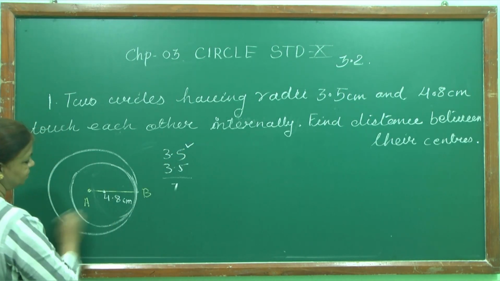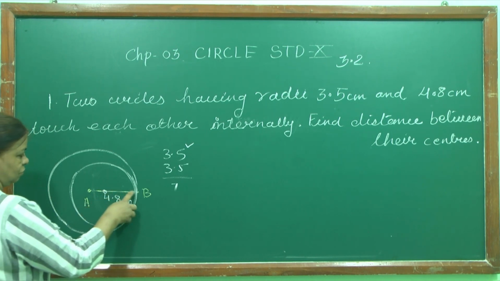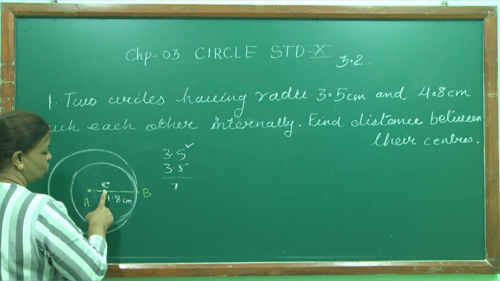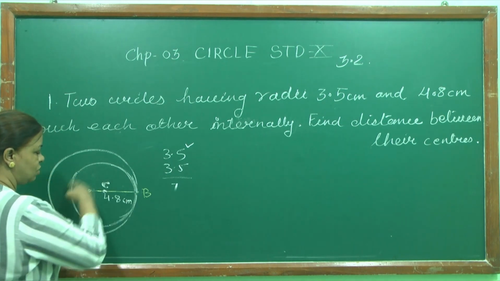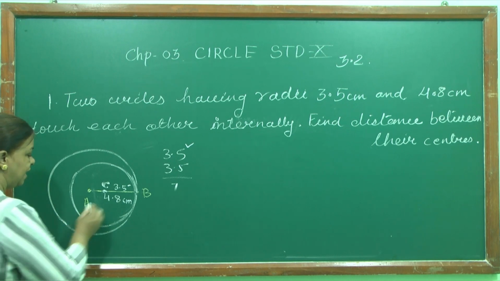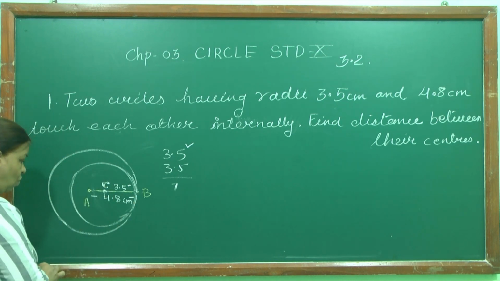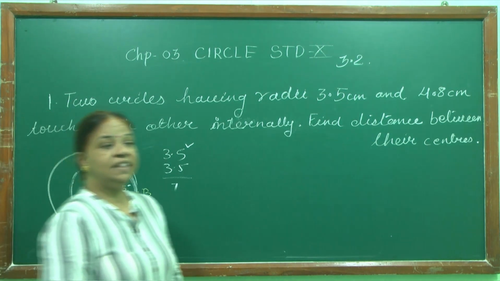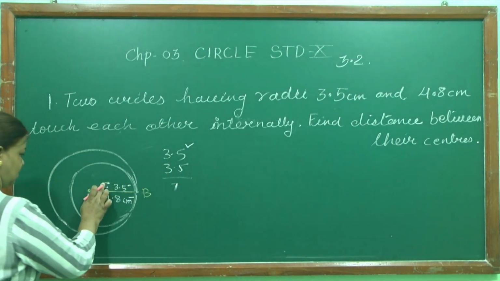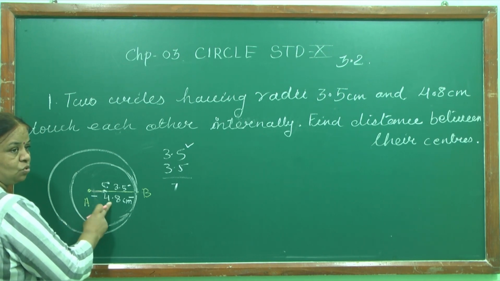This is the center of the smaller circle. Let me label it as C. So CB is the radius of the smaller circle and it is 3.5. And AB is the radius of the bigger circle. So we want to know what is the distance between the centers of these two circles. Centers are which? These two centers.